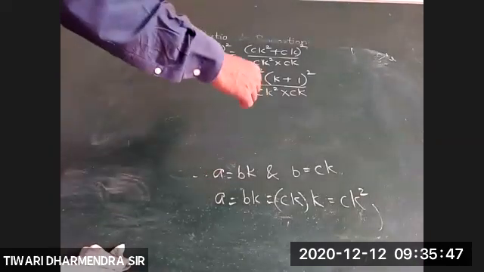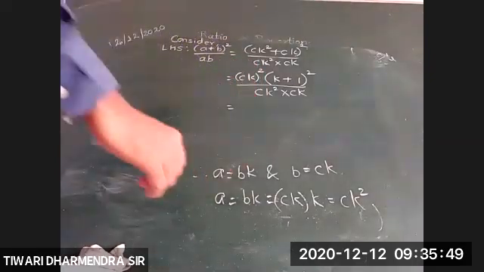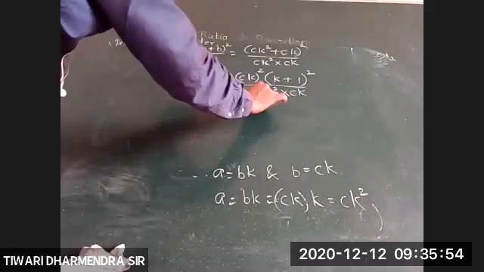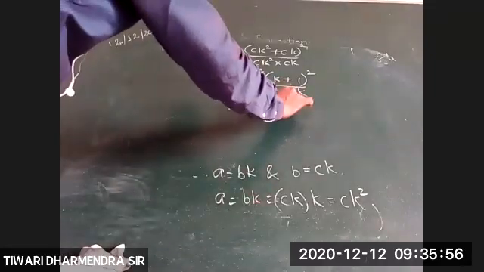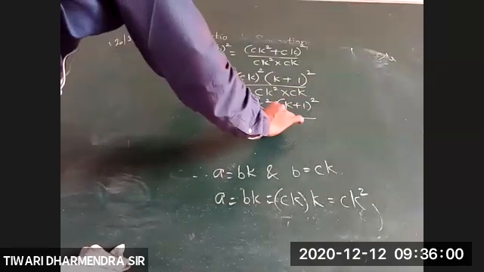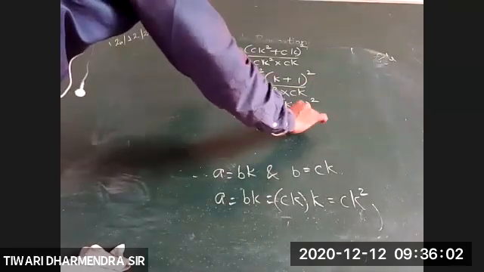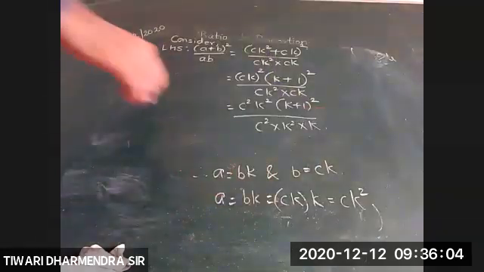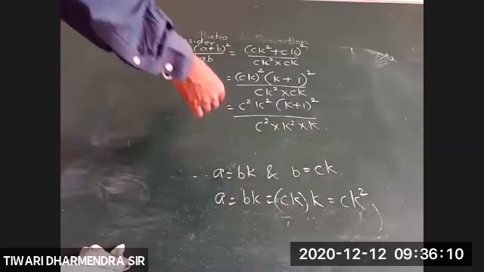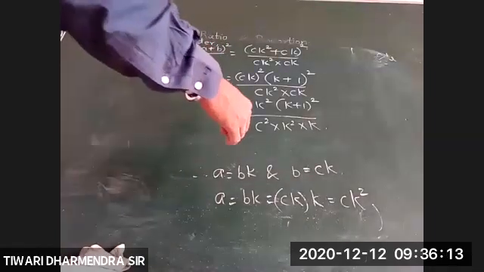Now, just apply law of indices here. So C square, K square, K plus 1 the whole square divided by C square into K square into K. We can cancel out the terms which is present in numerator as well as denominator if they are same.